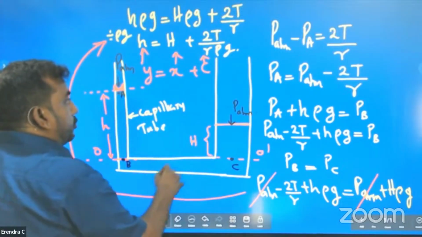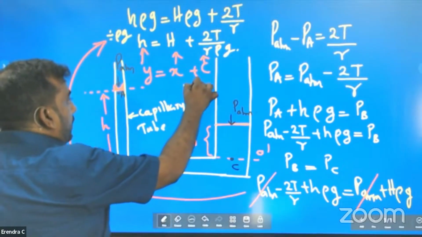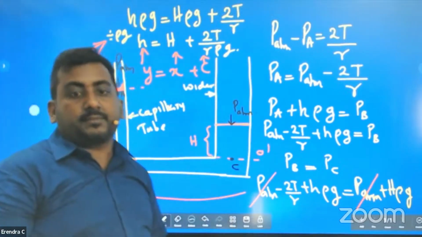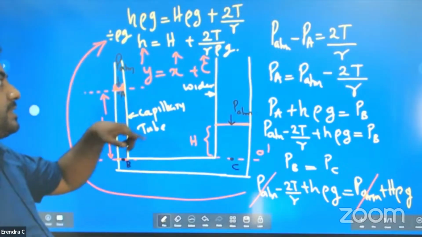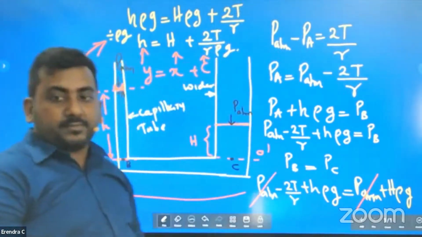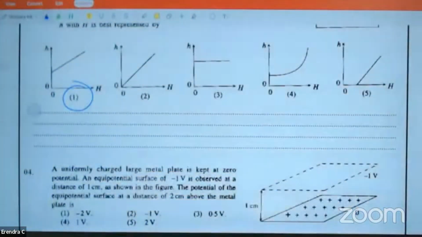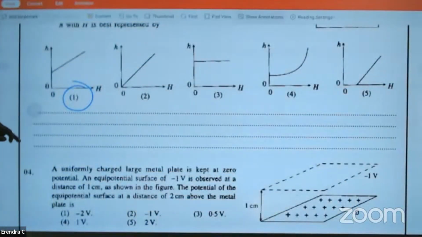This is a wider tube. Wider means no surface tension effect. Meniscus is straight. From here, you can build the relationship and get your answer. Okay? Right. Okay. Moving on forward.